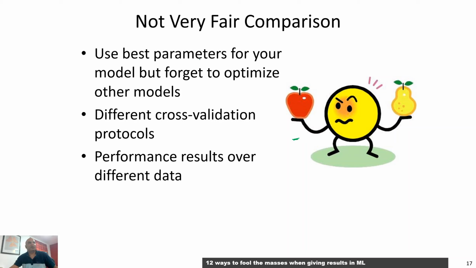What you shouldn't do is use the best parameters for your model but forget to optimize other models. And always make sure that the cross-validation protocol, or whatever performance evaluation protocol you use for comparing different machine learning models or classifiers, is the same for all the models in the comparison.